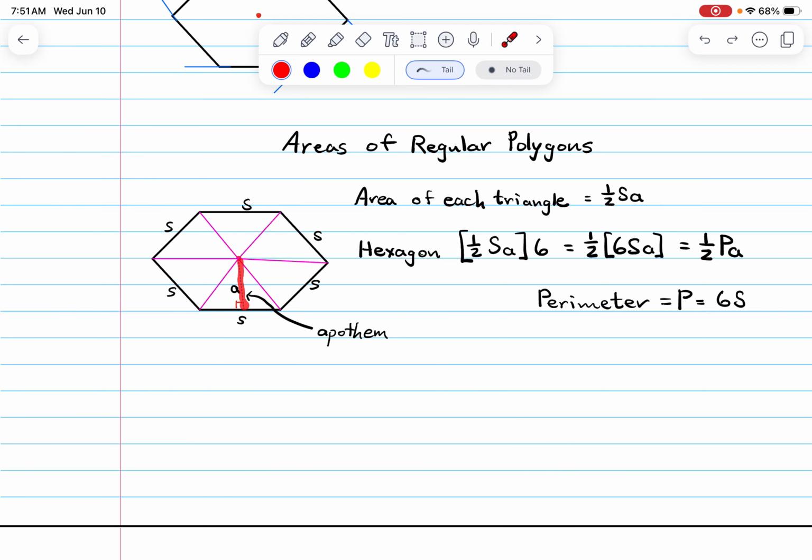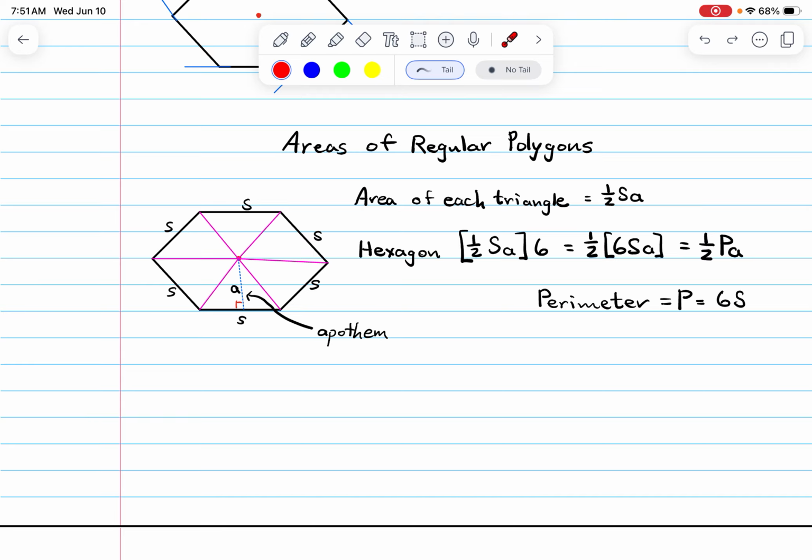Let's call the height this thing right here the apothem. The area of the triangle is going to be 1/2 the base, which is the side length, times the apothem. So in the case of a hexagon, it would be 1/2 x times a times 6, because I get the area of this, and then there's 6 of them. 1, 2, 3, 4, 5, 6. So it would be the area of one of the triangles times 6. So that's the area.